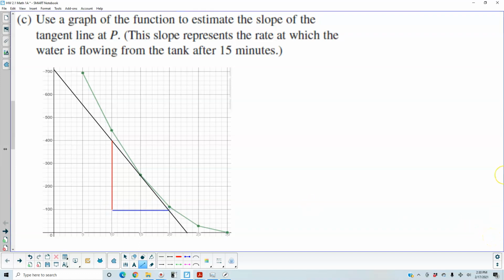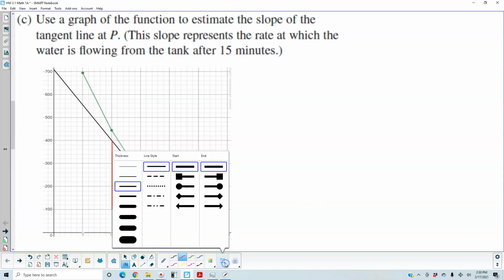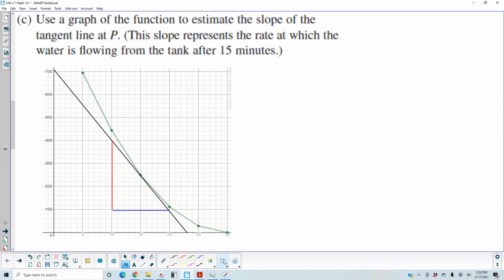So what this does is this represents our rise and our run. So the rise, we start at 400 and then we go to 100.